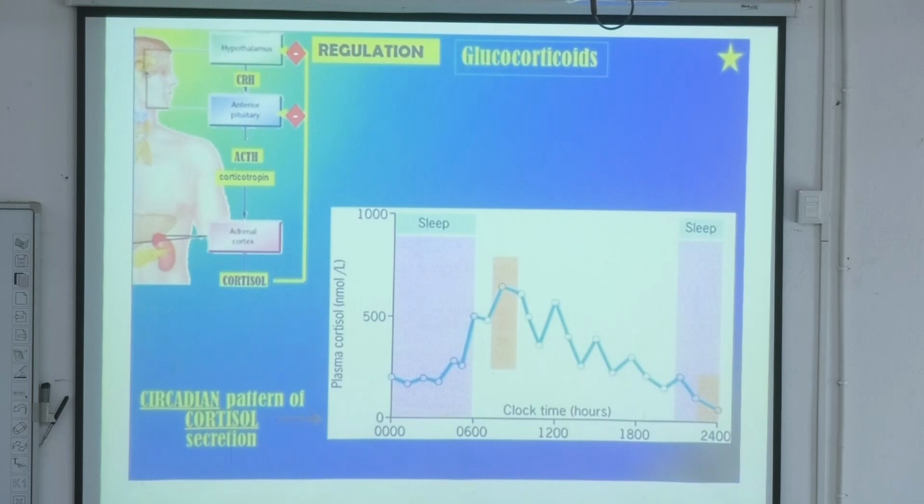Now, very important is the feedback inhibition. As cortisol comes into blood, it inhibits secretion of ACTH from anterior pituitary and also secretion of CRH from hypothalamus. So there is a negative feedback mechanism. As the cortisol level rises in blood, that cortisol itself inhibits further secretion of cortisol.